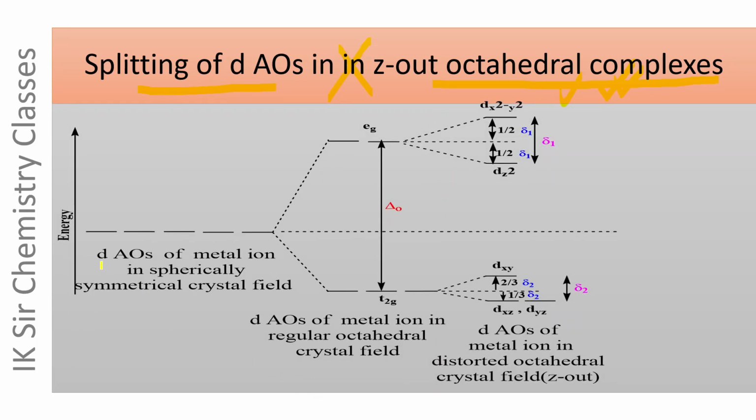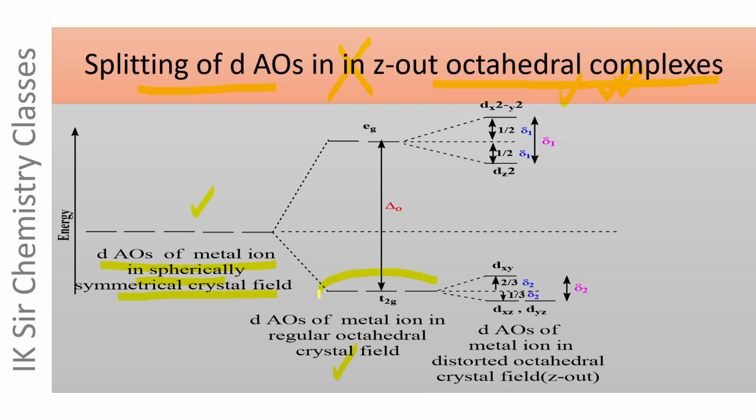These are 5 d atomic orbitals of the metal ion in a spherically symmetrical crystal field. When the metal ion forms a regular octahedral complex, these 5 d atomic orbitals are split up into two sets.